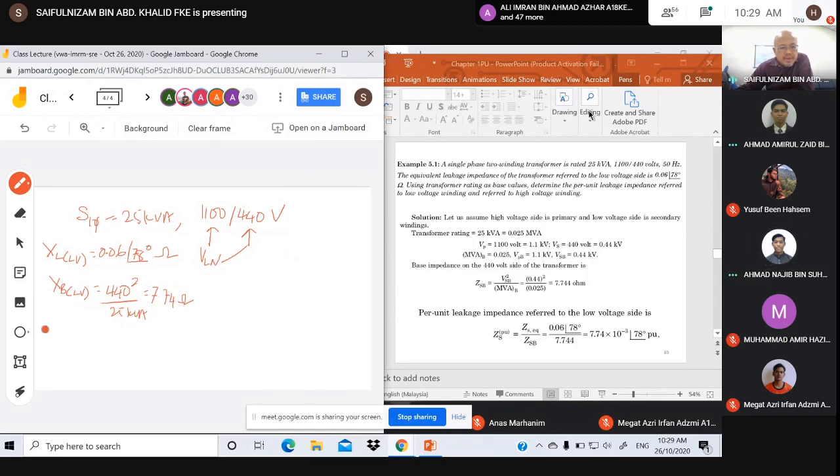The XL PU on the LV side equals 0.06 divided by 7.74.